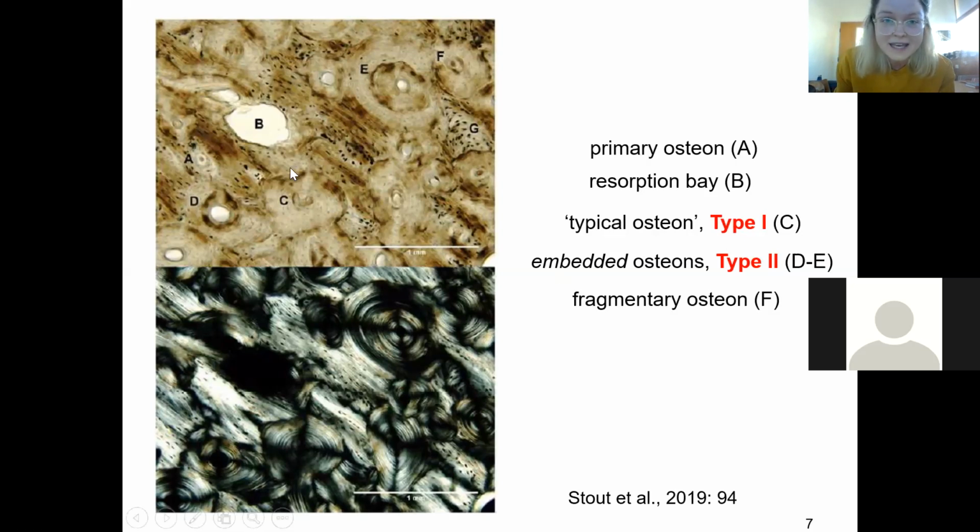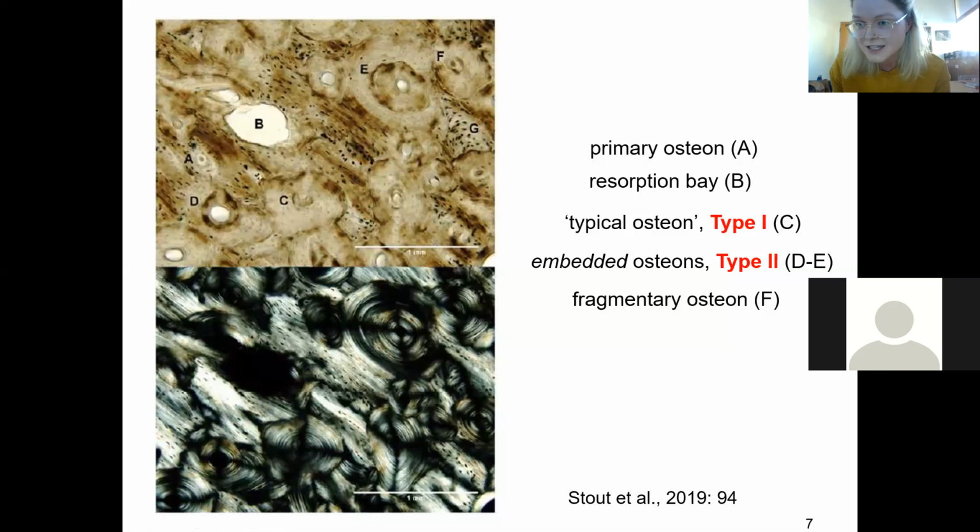Here we're looking, for example, at this one, E or D. What that means is that you have another secondary osteon that is remodeling within a pre-existing osteon. That's a very interesting phenomenon because it tells you that this osteon within this other osteon is a later remodeling event occurring in the same site.